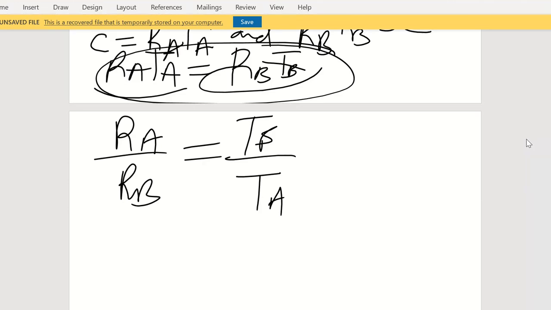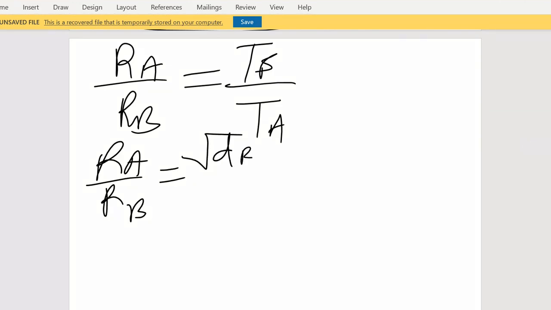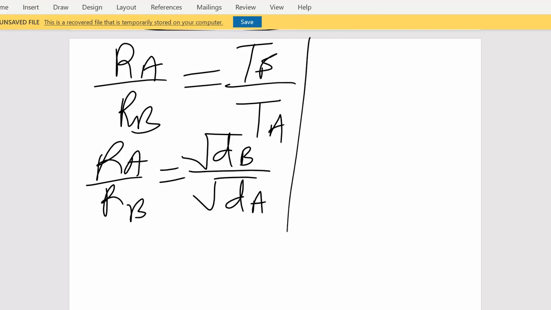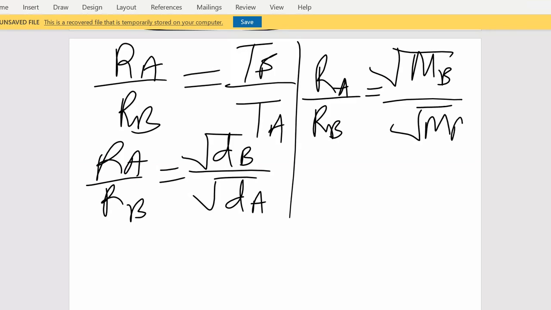But remember, we had Ra over Rb being equal to square root of dB over square root of dA, and also we had Ra over Rb being equal to square root of Mb over Ma. If you look at the three equations, we have the first, the second, and the third equation.